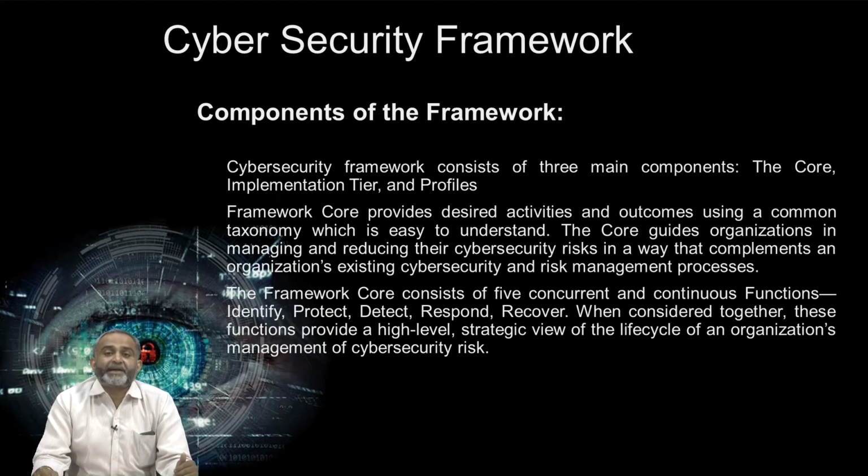The core guides an organization in managing and reducing its cybersecurity risk in a way that complements the organization's existing cybersecurity and risk management processes. And there are five concurrent continuous functions in the core part: identify, protect, detect, respond, and recover. Mind well, these are concurrent functions, so they happen in parallel.